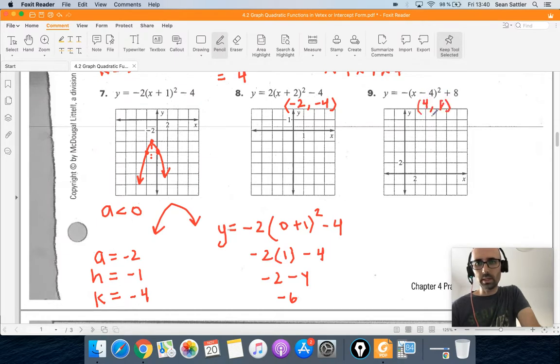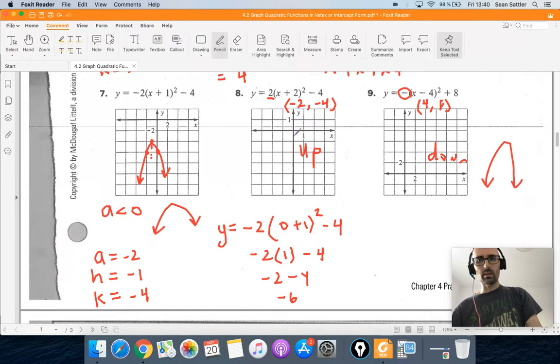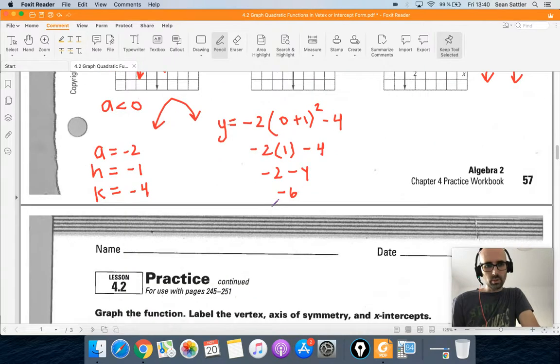So that's one thing I'm going to have you do in your homework, is tell me things like the vertex and does it open up or down, so I won't have you graphing anything. Since this one's a value is positive, it would open up. And since this one's a value is negative, it would open down, meaning down like that, and up, meaning it opens up like this.